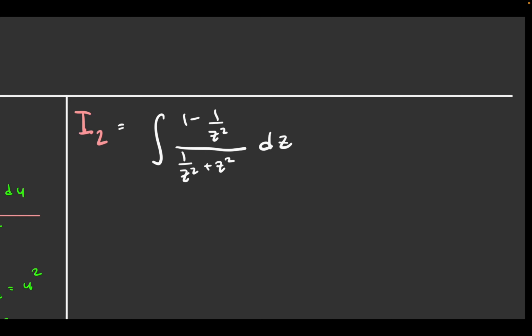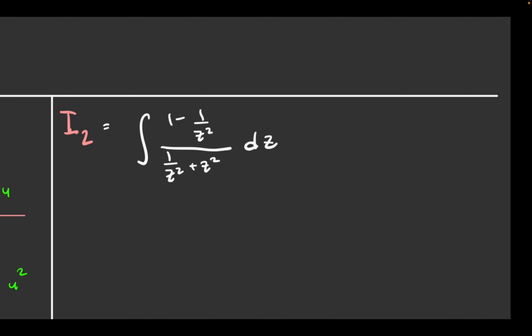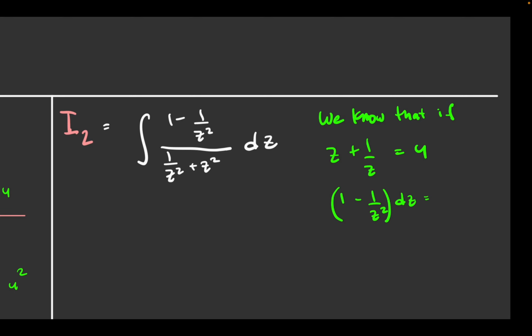Okay? And then from here, sige, again, we know that if kanina ay z minus 1 over z, what if z plus 1 over z naman equal to u? Then differentiating this is just 1. Derivative ng 1 over z is 1 over z squared. So this is dz and this is du.